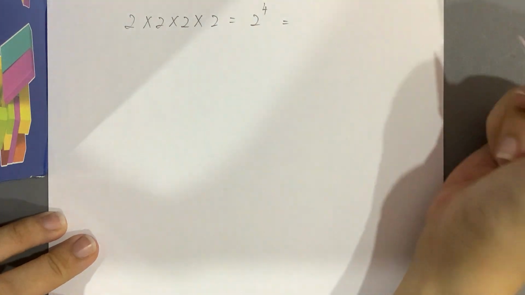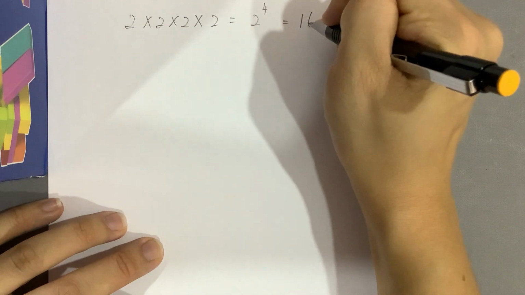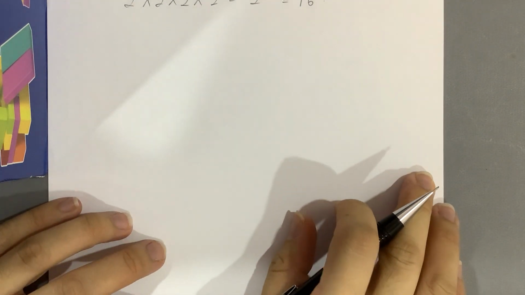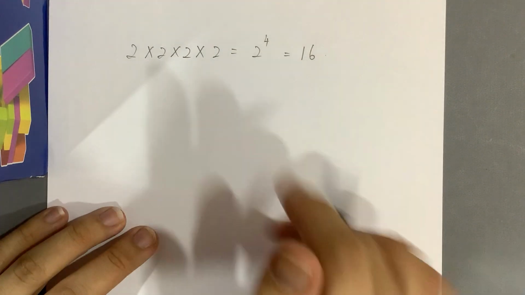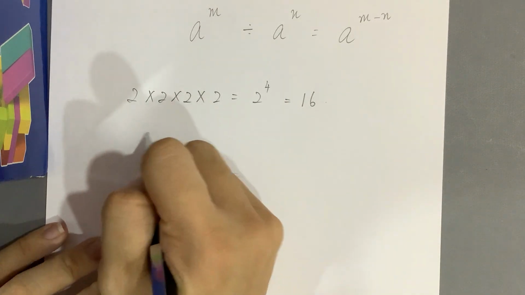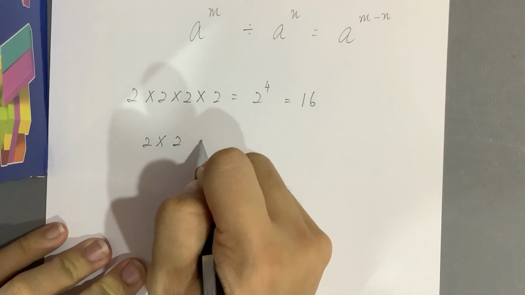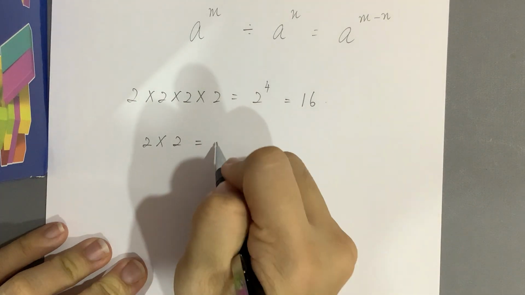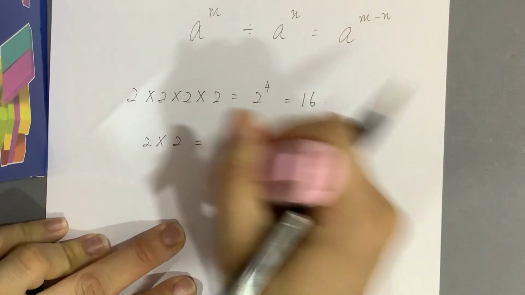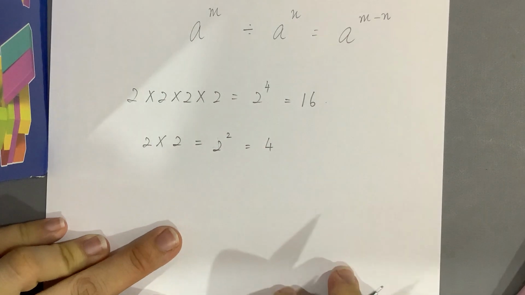We also know that 2 to the power of 4 is actually 16. Now, we also know that 2 times 2 is actually 2 squared, which is 4.